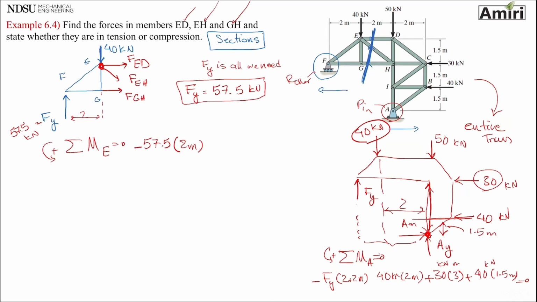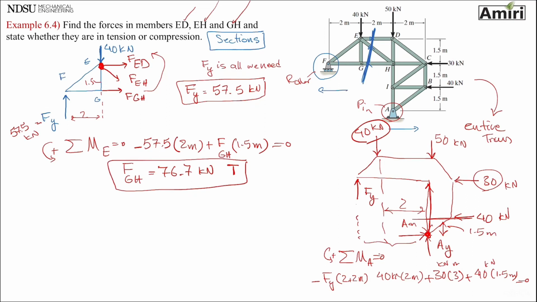The next force I have is FGH, multiplied by the distance between E and its line of action, 1.5 meters, and that one is trying to rotate with my sign, so that's plus, equals 0. This will get me FGH of 76.7 kilonewton. It's a plus, so I have a tension.